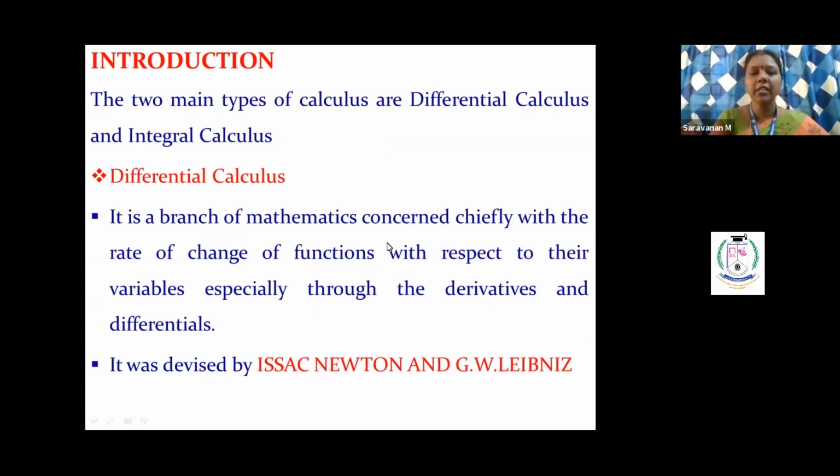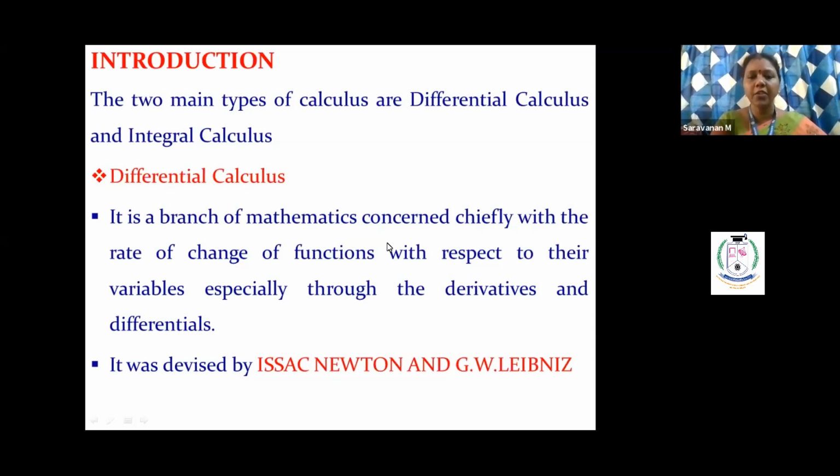Introduction. The two main types of calculus are the differential calculus and the integral calculus. Yesterday you have seen about integral calculus. Now we are going to see the differential calculus. What is differential calculus? It is a branch of mathematics which is mainly based on the rate of change of function.